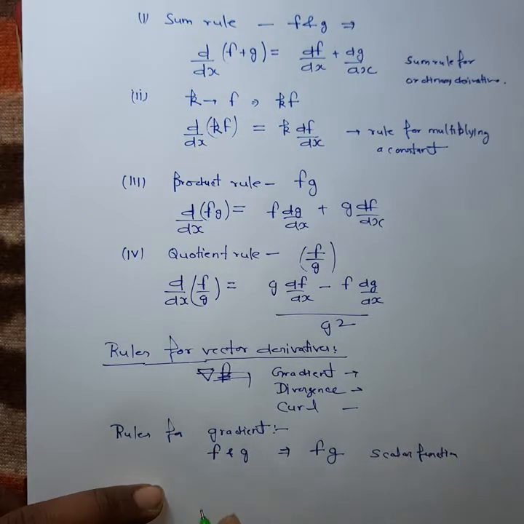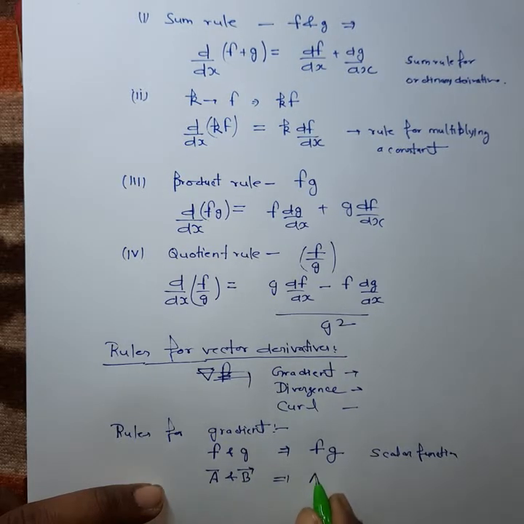Similarly, if a vector and b vector are two vectors, then their dot product, a dot b, will also be a scalar function.